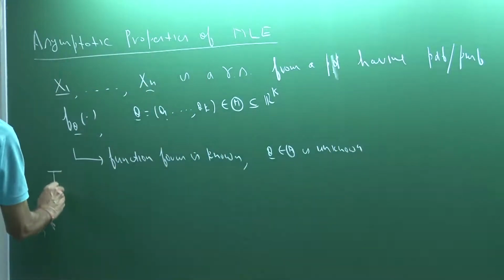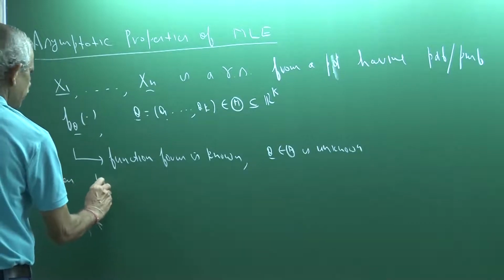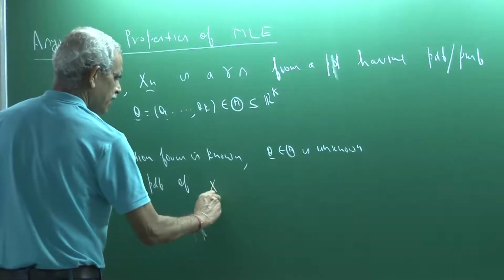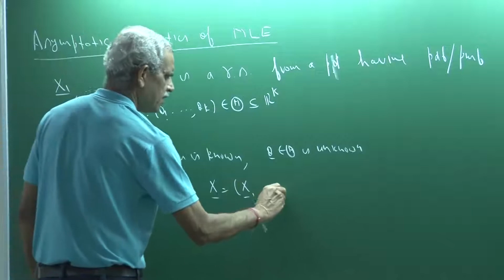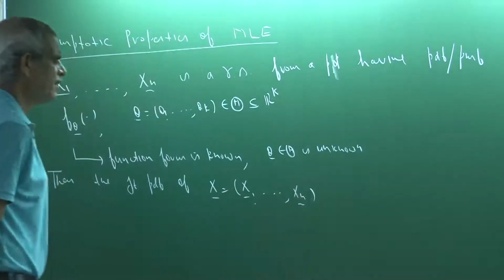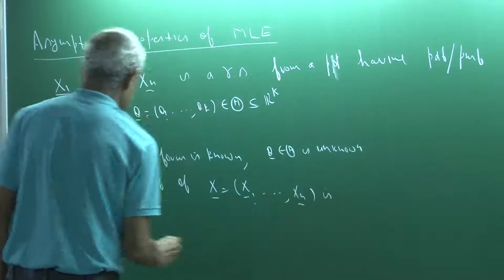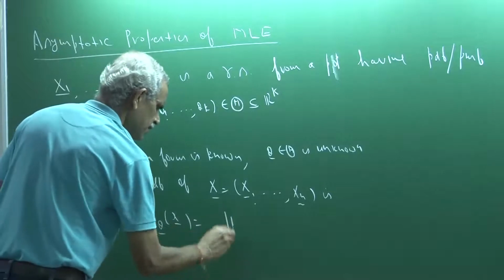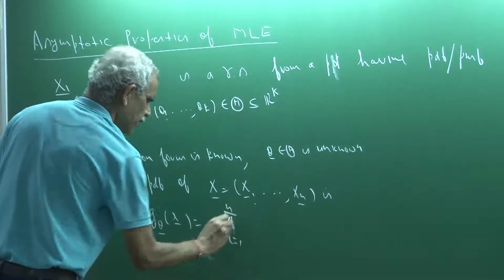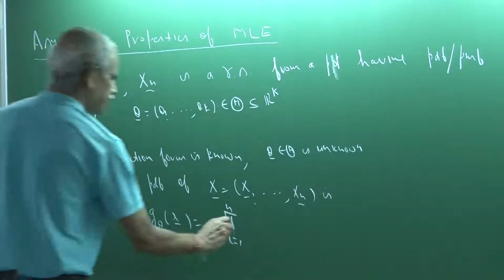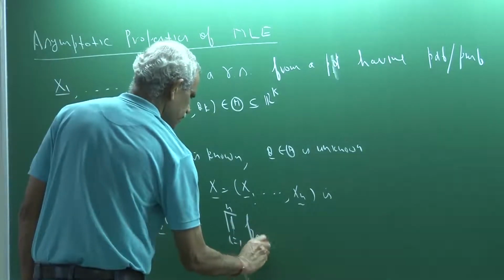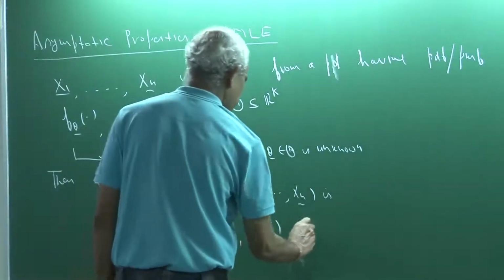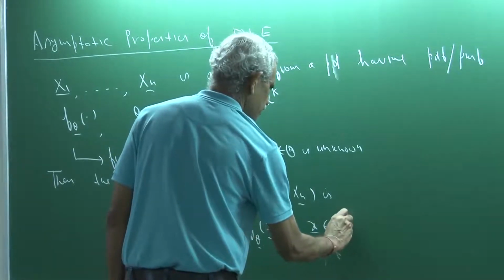Then the joint PDF of the whole vector x = (x1, x2, ..., xn) is g_theta(x), which is the product, because the random sample is IID, over i = 1 to n of f_theta(xi), where x belongs to R^(mn).